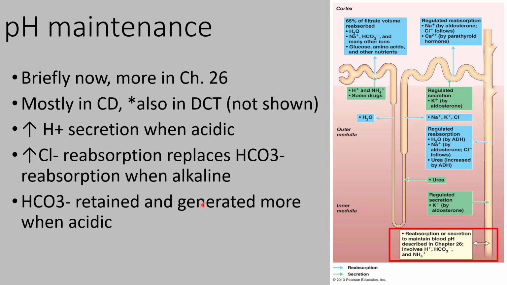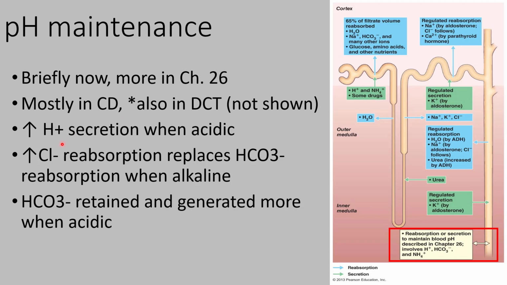So, pH maintenance. We'll talk a little bit about this now, but it's more important in our next chapter. Mostly pH maintenance happens in the collecting duct. It's also a little bit in the distal convoluted tubule, but not very much.